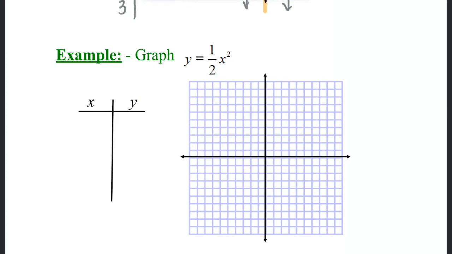So that's what I'm going to talk about in the next video, is how do we graph these when our a value, y equals ax squared, when that a value is not 1 and when it's not negative 1, because those are the easy parabolas for us to graph. It's when that a value changes that we have a vertical stretch.